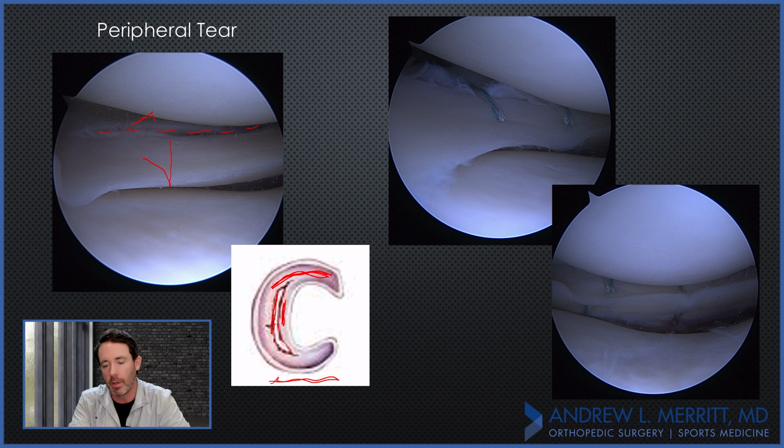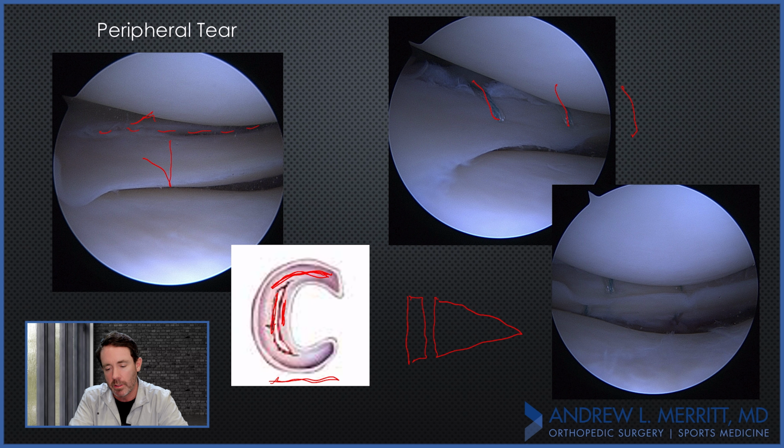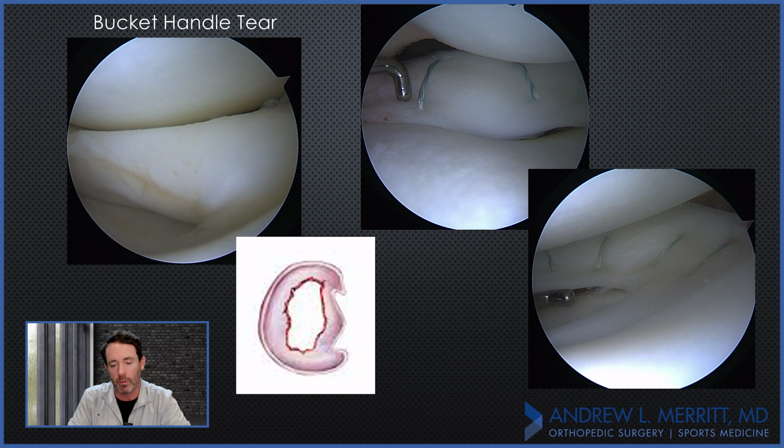This would be in the red zone and very repairable. We can put some stitches in there to hold that all back together. And the way the stitches work is if you have the piece and the tear looks like this, the stitches enter in the top, come down, exit out the bottom, and then we tie it on the other side here to pull those together. Ultimately, we just need to pull the meniscus together until the blood supply kicks in and starts healing those. So this would be a peripheral type of tear.